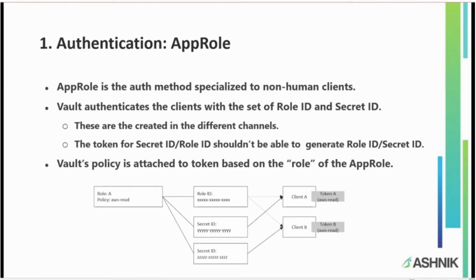In our case, the role is AWS read, which can generate the AWS secret. The role ID and the secret ID are used to match with the client. If you see, the role ID can be reused for different clients, but a different secret ID is needed for each client.